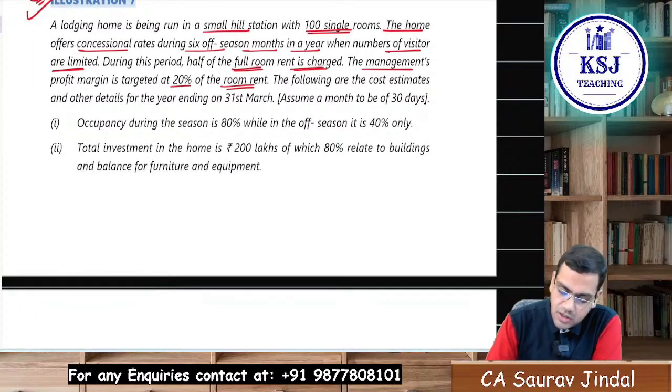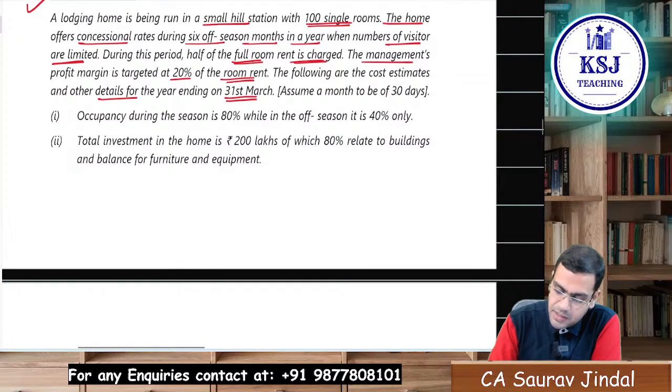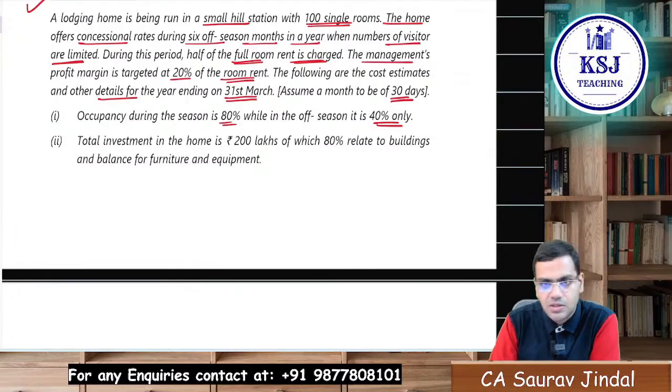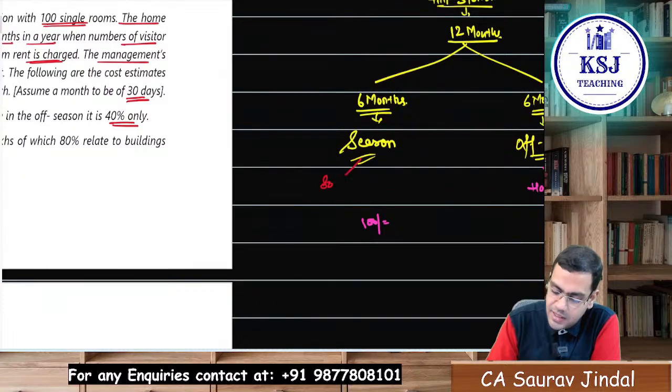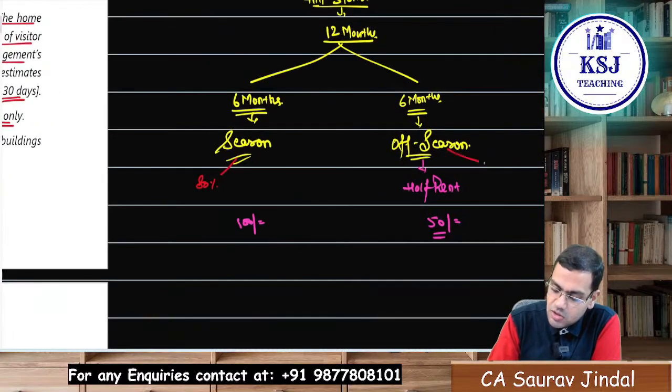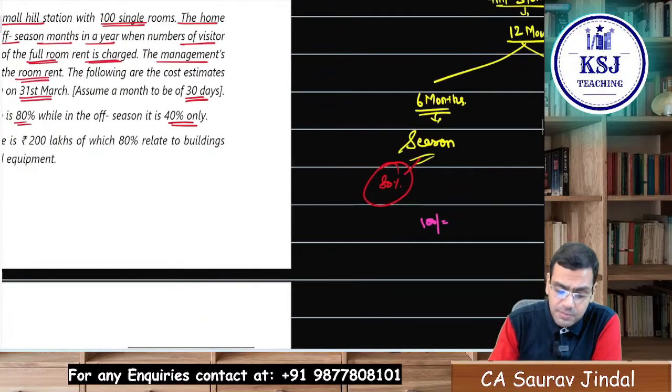The following is the cost estimate and other details for the year ending 31st of March. Assume a month of 30 days. Occupancy during the season is 80%, while during the off season it is only 40%. That's why the rates are dropped.